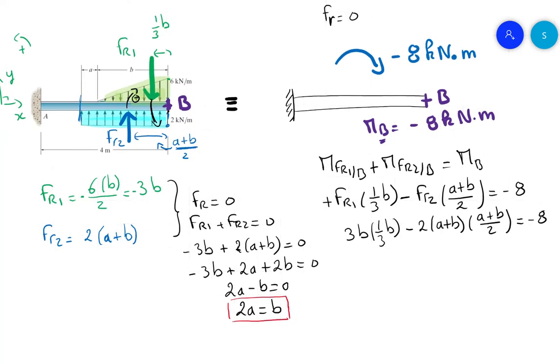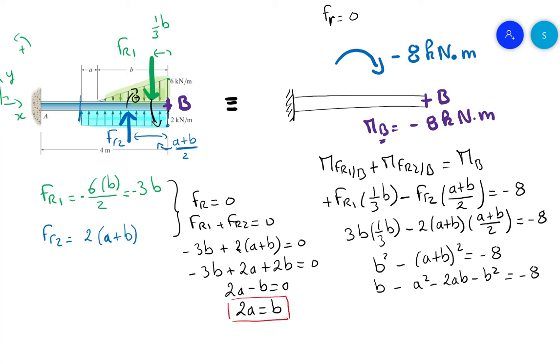Okay, so this one gives us just B square, and this one gives us minus A plus B square, it's equal to -8. So we have B square minus A square minus 2AB minus B square equal -8.